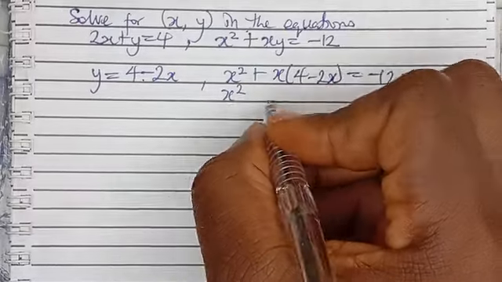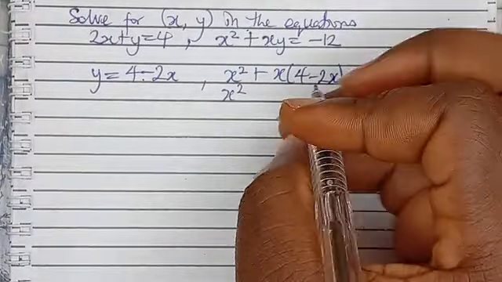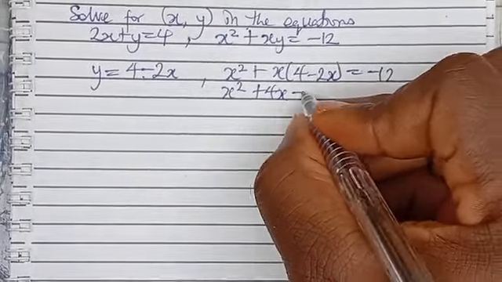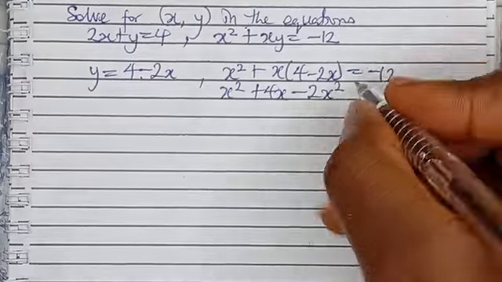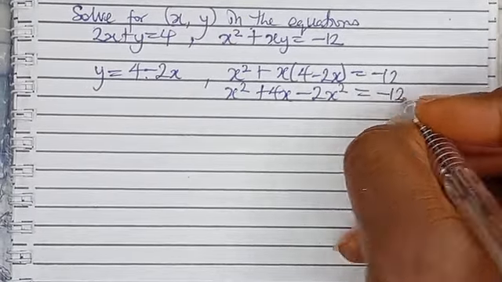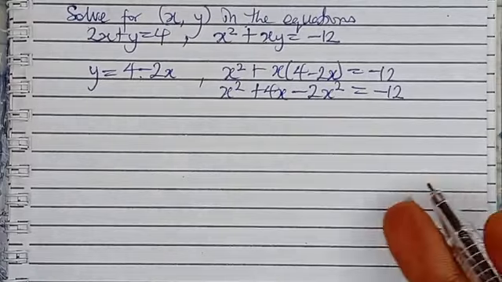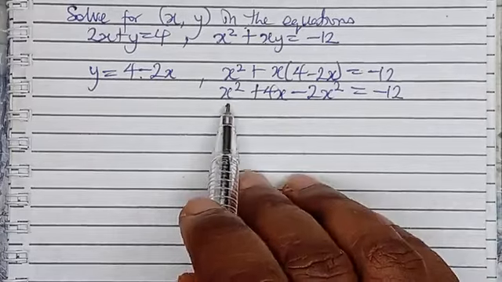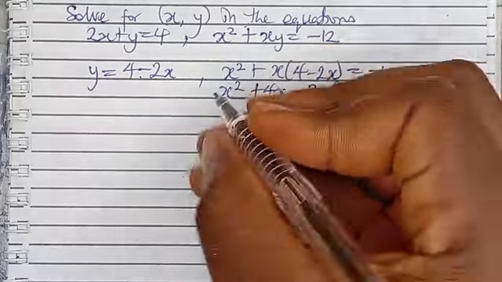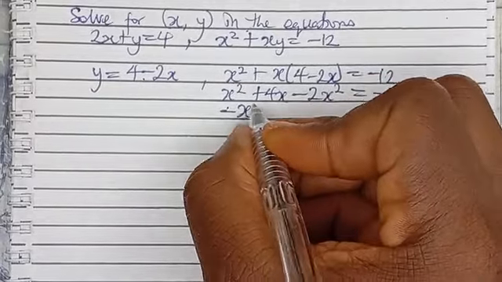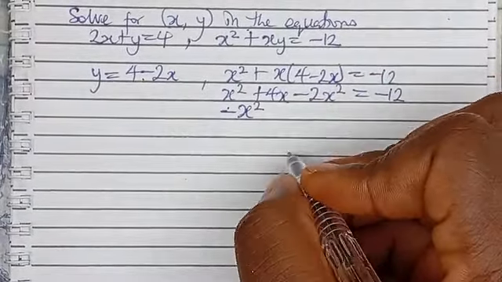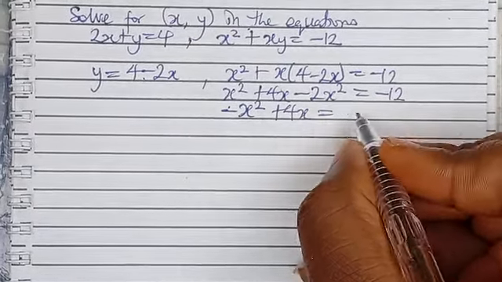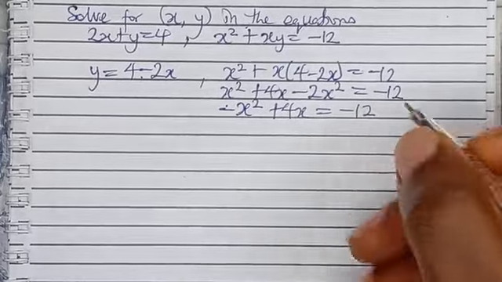We have x squared plus x times 4, which is plus 4x, plus x times minus 2x, which is minus 2x squared, equal to minus 12. We now collect like terms and rearrange so that everything is on one side. We have x squared minus 2x squared giving us minus x squared, and then we bring down plus 4x, equal to negative 12.